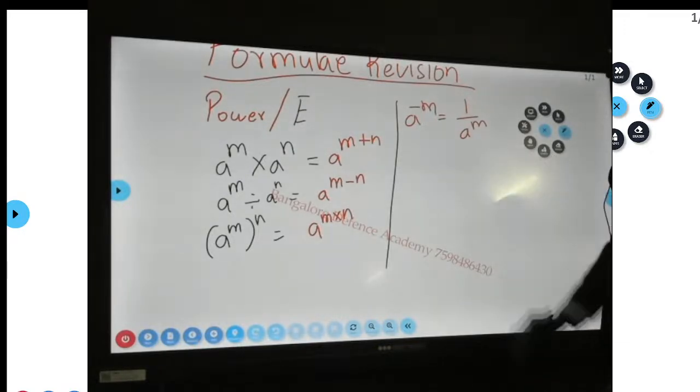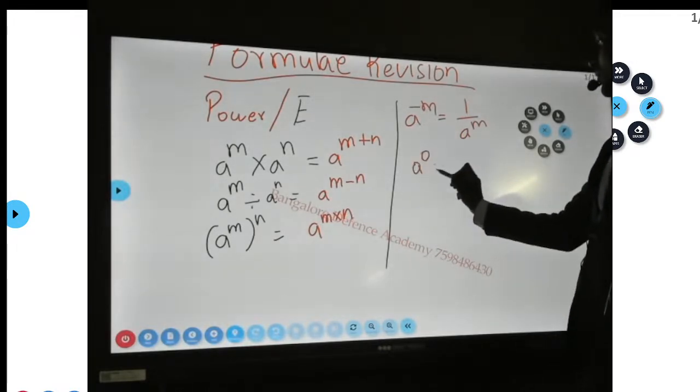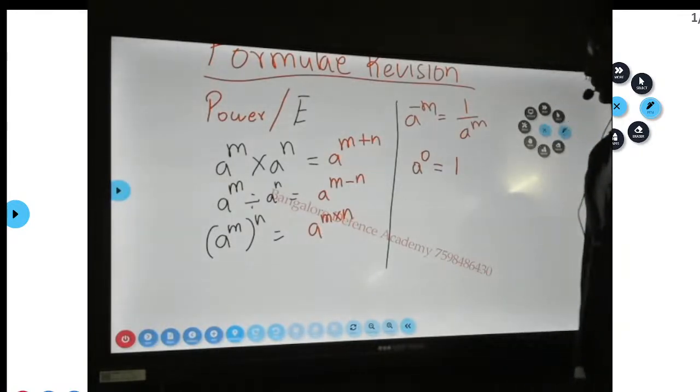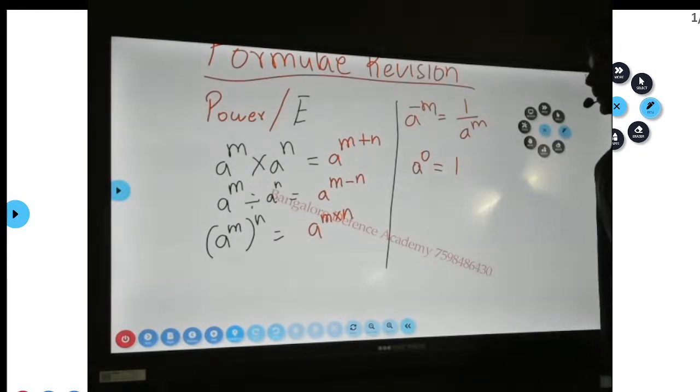You can write reciprocal also. Then what else is a to the power of 0. Anything to the power of 0 is 1. Good. That's it. Fine.